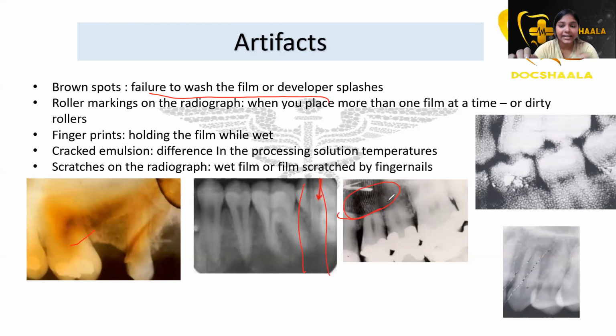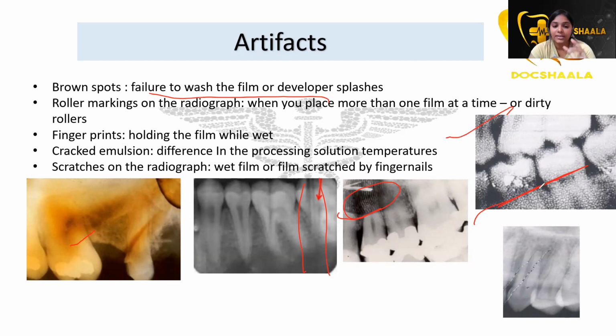Then cracked emulsion. So the cracked emulsion is nothing but when there is difference in the solution temperature. So X-ray person will always check the temperatures. Okay, so the temperature should be optimum for the development of X-ray. So when it is not proper, you will see something like this.